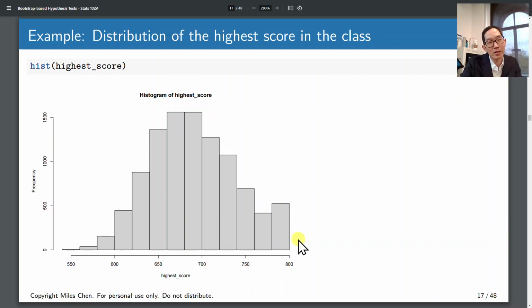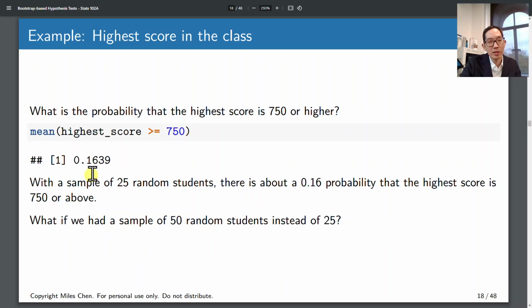Anyway, we just want to know how often we get a classroom of 25 where the highest score is 750 or higher. What is the probability that the highest score is 750 or higher? We'll get around 16%. If you take random samples of 25 students, there's about a 16.4% probability that the highest score in your class is going to be 750 or higher.